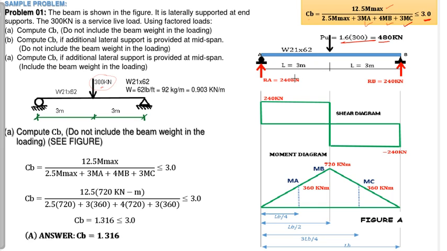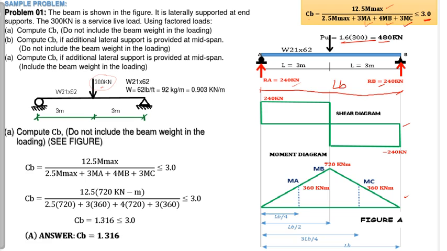So, I did get my reaction. Nag-drawing ako ng shear diagram and nag-drawing ako ng moment diagram. So, dito sa case A, wala tayong lateral supports in between. Kaya yung LB natin is yung buong span.